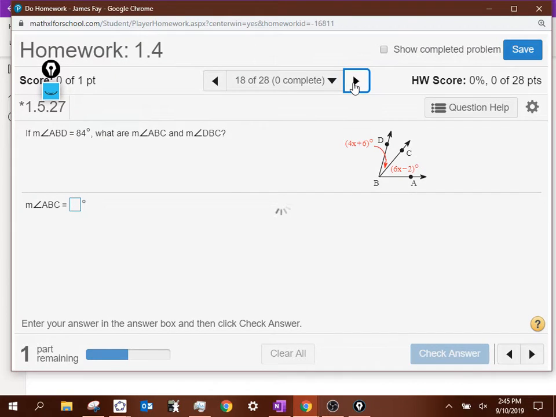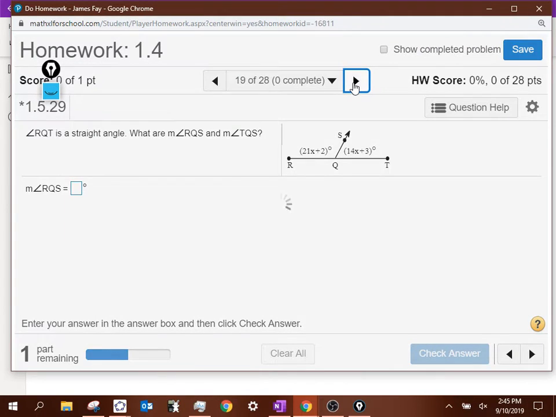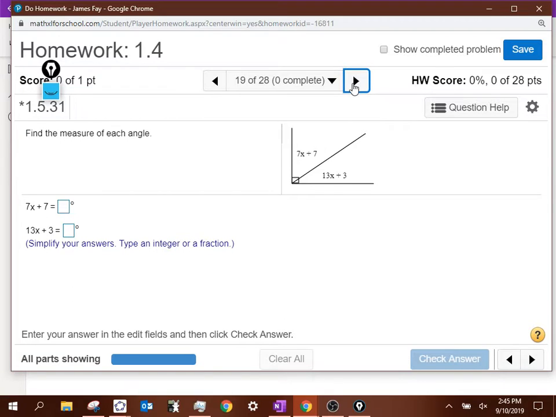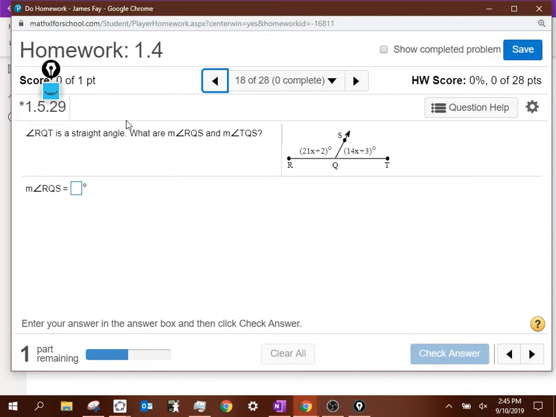Any of these? Nobody? What do I set that one equal to? Yes, I've got to add those together and set them equal to 90. What about this one here? It says I have a 180, a straight angle, good. So I'm going to add those two expressions together and set it equal to 180, and then go through that algebra.